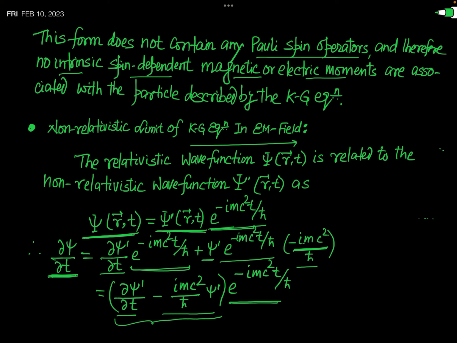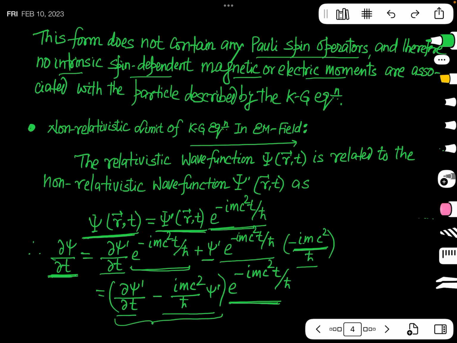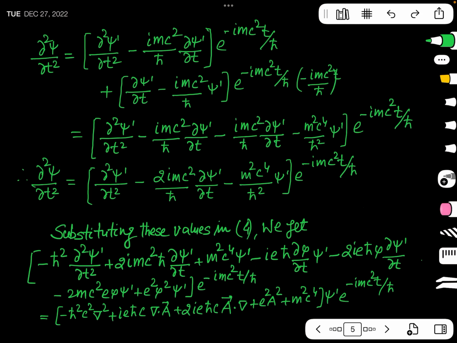The first one is written in the bracket: del psi prime by del t minus i m c squared over h bar psi prime. The second factor is outside the bracket: e to the power minus i m c squared t over h bar.